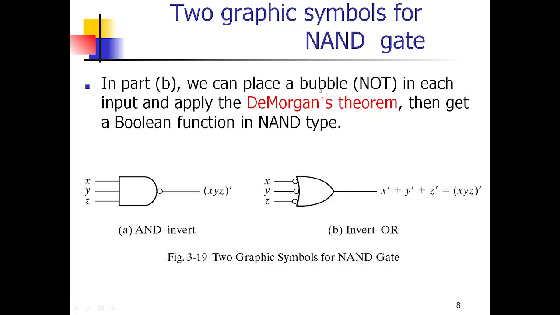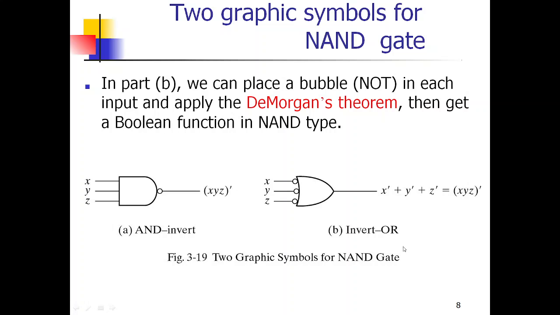Okay. So we can place a bubble, that is a NOT symbol, in each input and apply De Morgan's theorem. Then we can get the Boolean function of the NAND gate. For the first symbol there is no problem. For the 3 input NAND gate the expression is like this, (xyz)'.